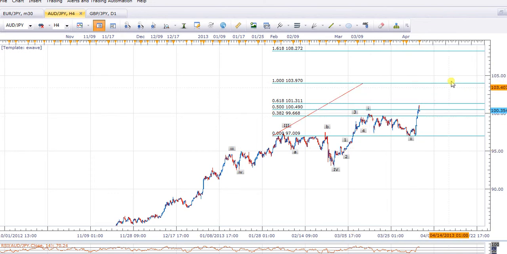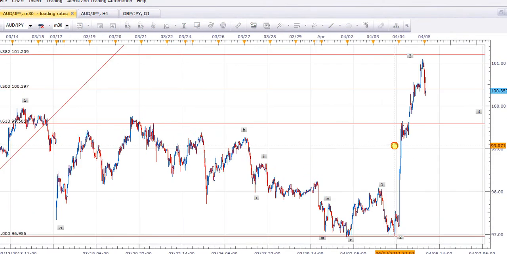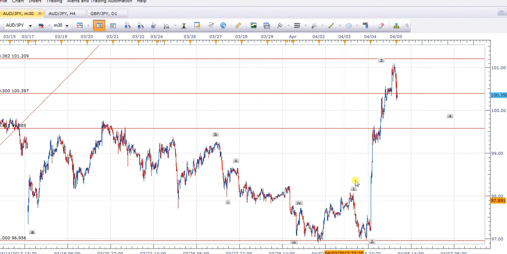So I'm looking for 103.9, and if we go down a smaller time frame on the Aussie Yen, take a look at those impulses. This could be our wave 1, 2, and then all of this move would be an extended wave 3.